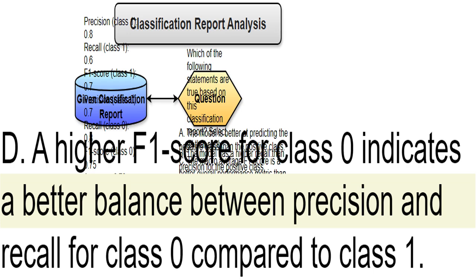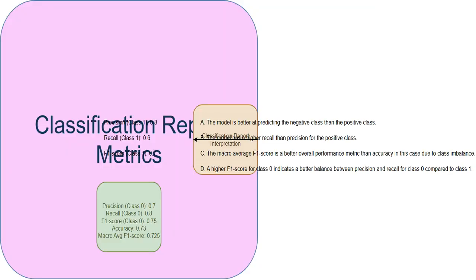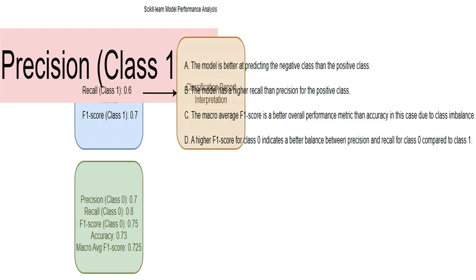recall for Class 0. I'm analyzing a machine learning model's performance using the popular scikit-learn library. Specifically, I'm focusing on how well it classifies data into two categories. I'm using a classification report to get key metrics to understand model performance. These metrics give us a detailed performance summary. For the positive class, Class 1, 80% of the model's positive predictions were actually correct.